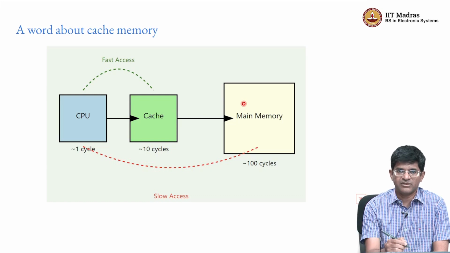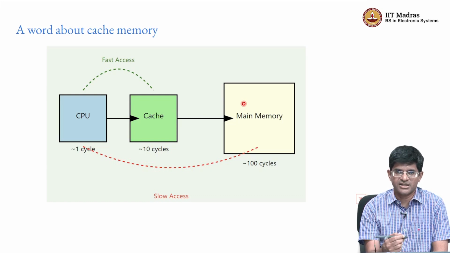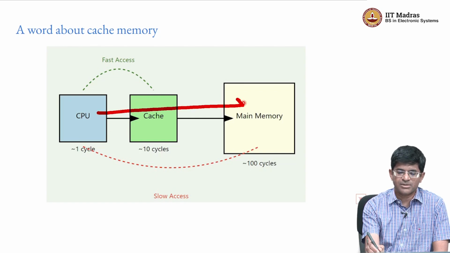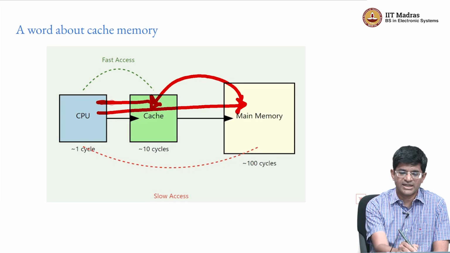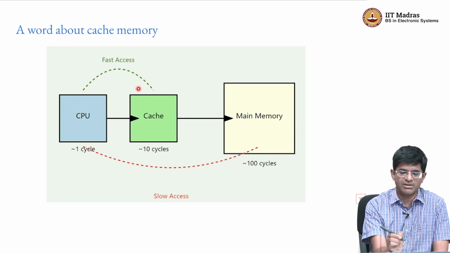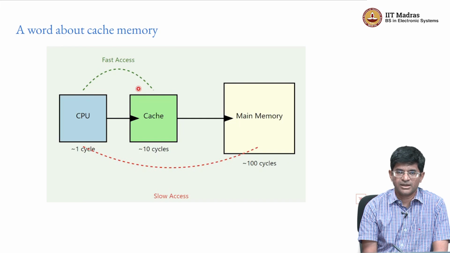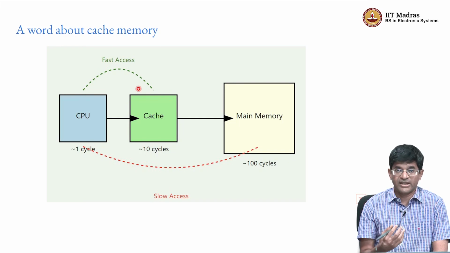Then there are a small set of instructions that are just getting repeatedly executed over and over again. Each and every time, rather than going out to main memory and fetching instructions from there, what I would like is that the first time around those instructions come into the cache, and from there onwards I just go back and forth between the CPU and the cache.